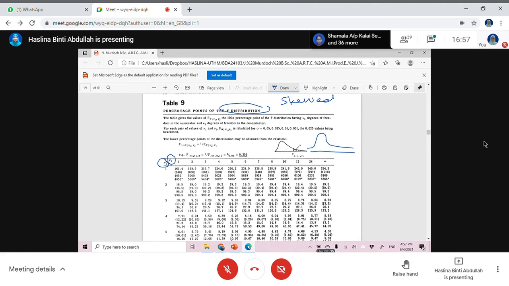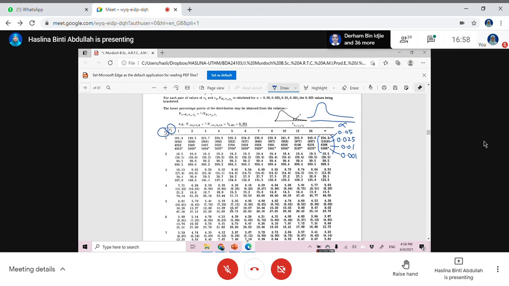Macam tu. So, alpha dia, let's say for this bracket, for the value 254.3, this alpha is referred to 0.05. For this one, the alpha is 0.025. This one is 0.01 and this one is 0.001. Alpha. Kalau T distribution tadi dah bagi tahu siap-siap nilai alpha dekat first column.